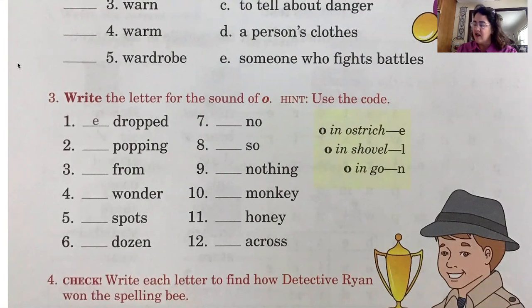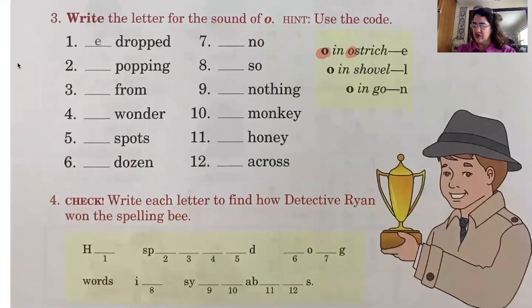We have the "aw" in ostrich, and if the O in the word makes the "aw" in ostrich, we're going to give it an E. Then we have the "uh" in shovel, and if the O makes the sound like it does in the word shovel, you'll write an L. And if it makes an O, as it does in the word go, we'll write an N. Those are the codes that we're going to use to do numbers 1 through 12 on number 3. Okay, and then number 4, you're going to do your check.